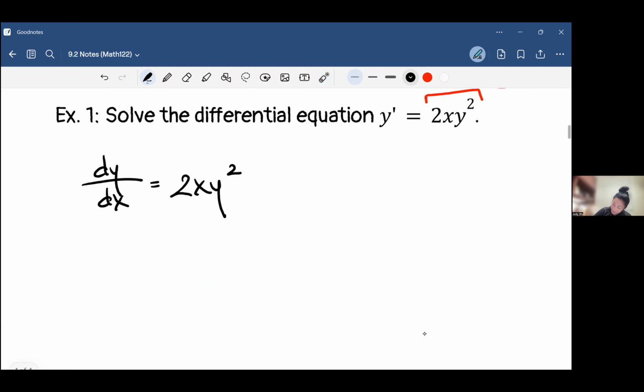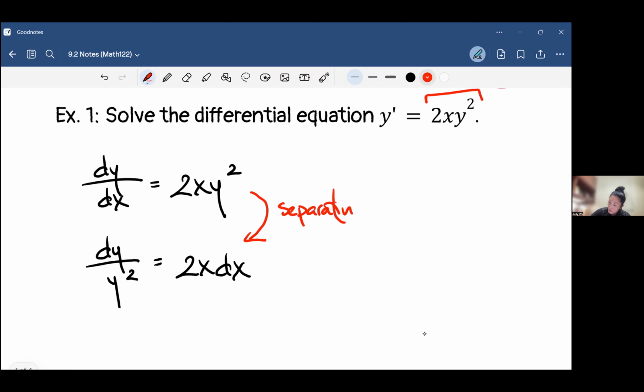And so what that gives me is dy over y squared equals 2x dx. Okay, so this is the stage where I would say that I am separating the variables, right? And I'm clumping all the y's and dy's on one side, all the x's and dx's on the other side.